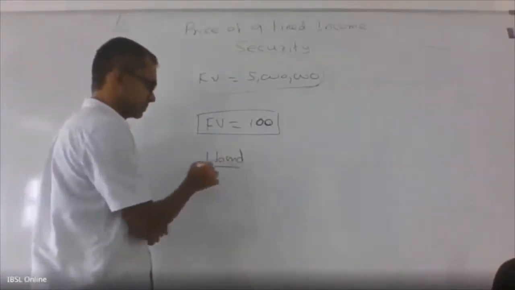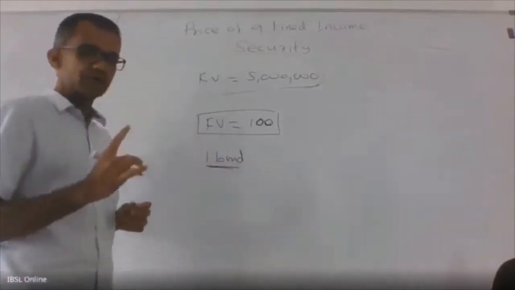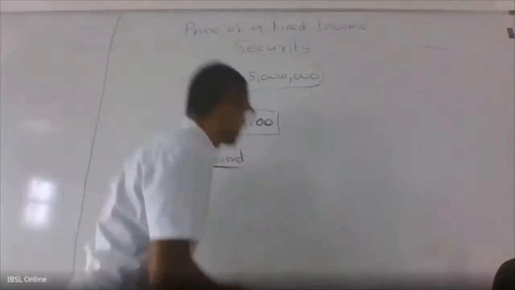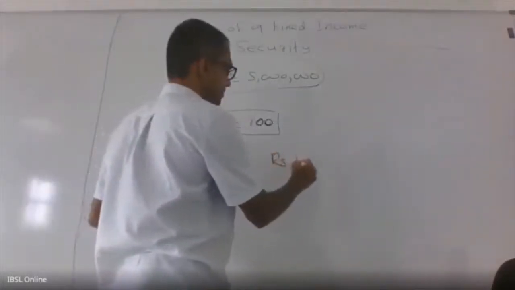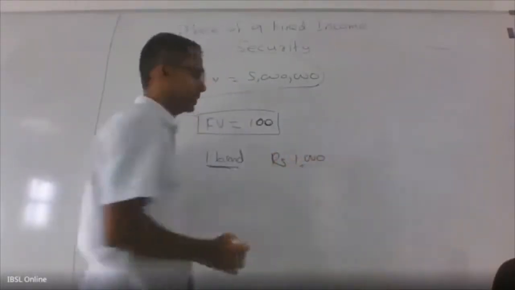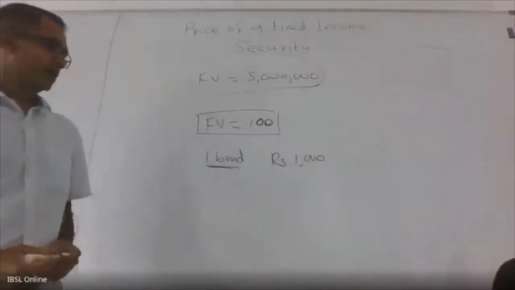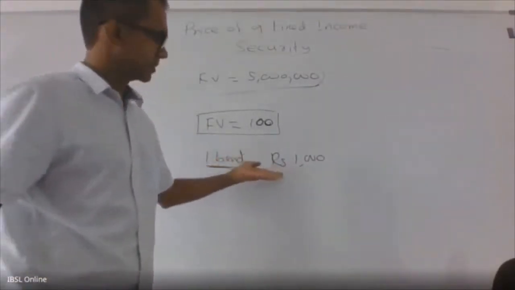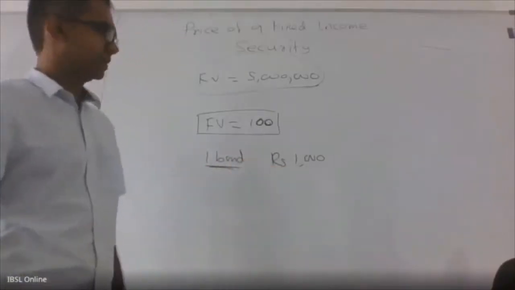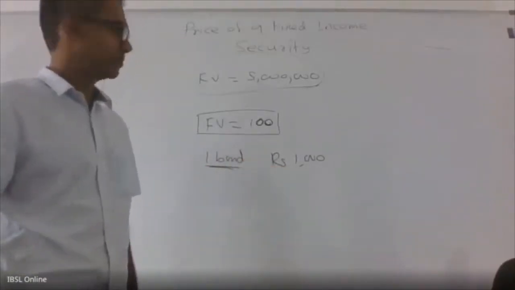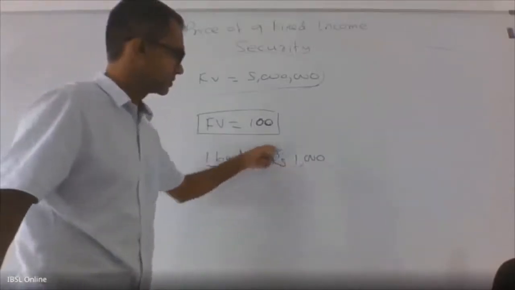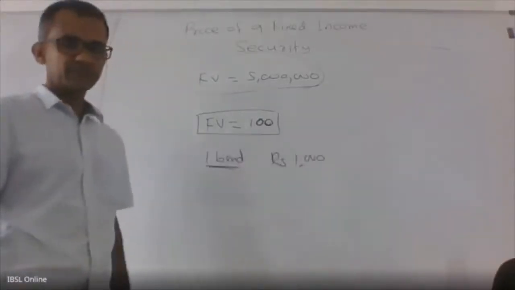Generally, the face value of one bond is rupees 1,000, especially in Sri Lankan government bonds, US treasuries, and in many countries' government bonds. Face value of one bond is 1,000 rupees.